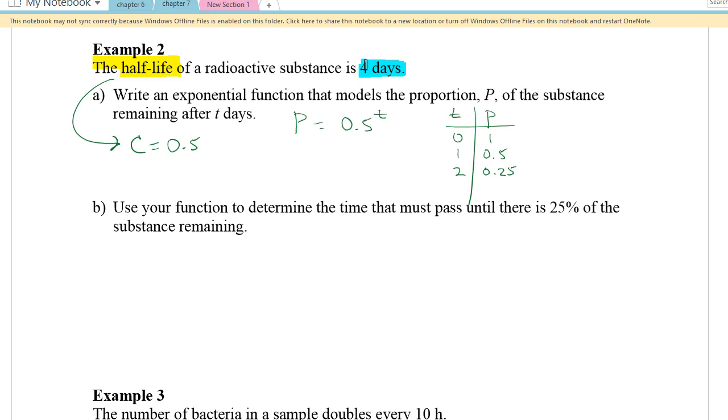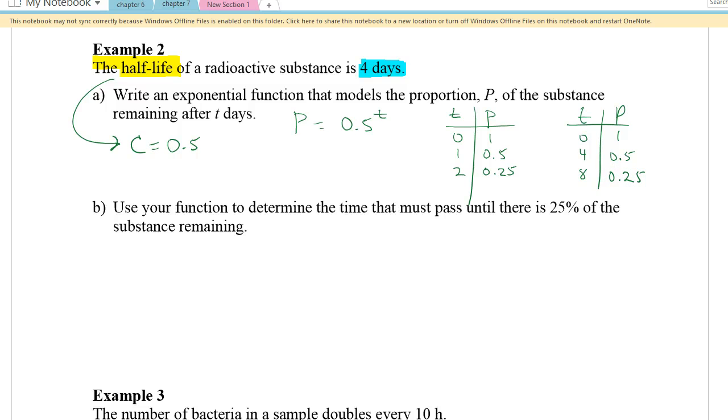So what we really want to do is we don't want to have 0, 1, 2. We want to have something very similar. We want to have 0, 4, 8. And everything else should be the same. So really what's happening here?